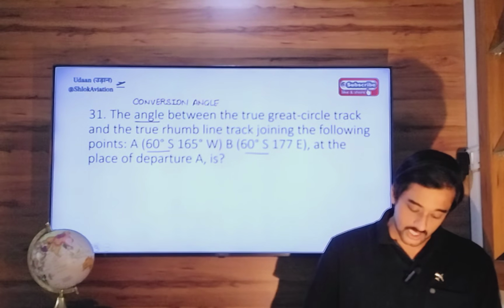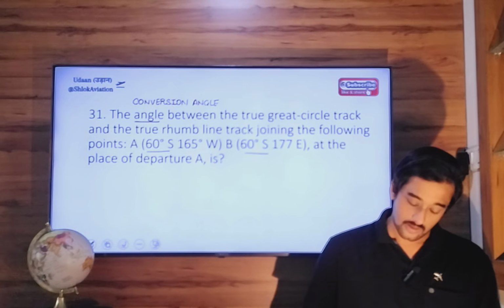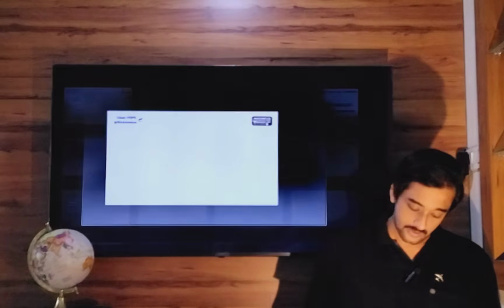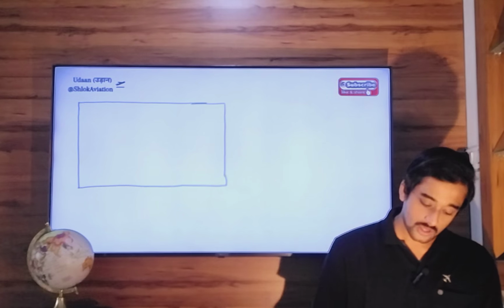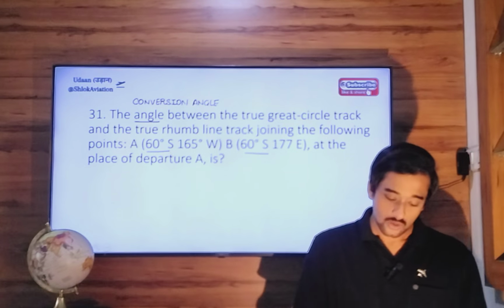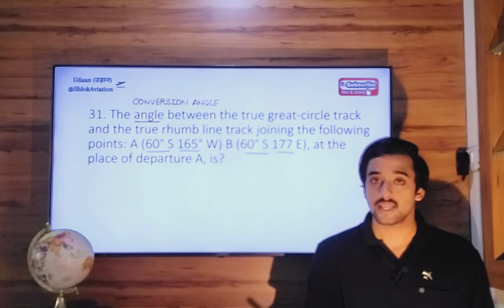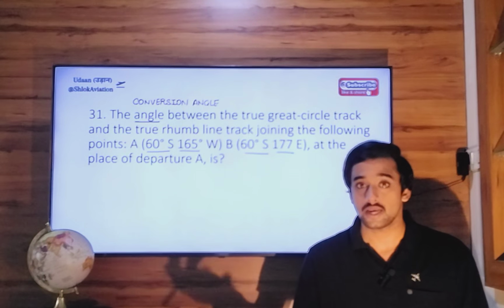So convergency. Let's plot this first. Let's say this is your Earth. Now both these places are very close to the anti-meridian of the prime meridian. 165 west, 177 east means both positions are close to the anti-meridian, the international date line.